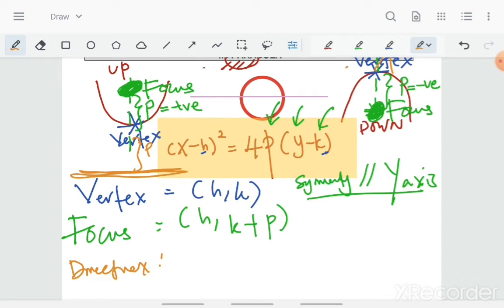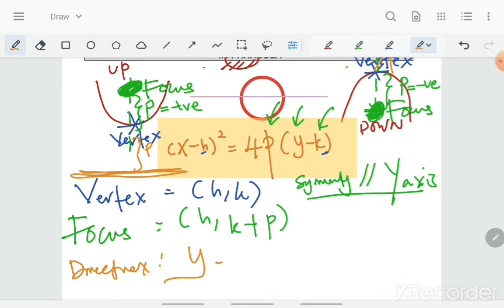Directrix means a line. If we discuss a line, the answer cannot be a coordinate. The answer must be an equation. So, equation of what? Refer back. P is beside Y, Y is beside K. So that means, what kind of line? This is a line of Y. Why is P beside Y? X, don't change. X is on the other side.